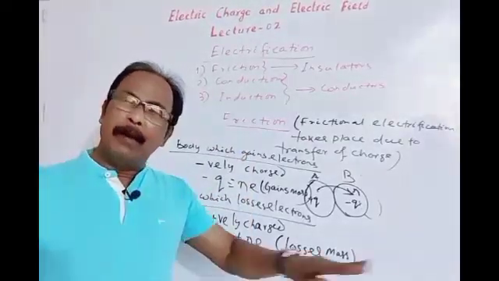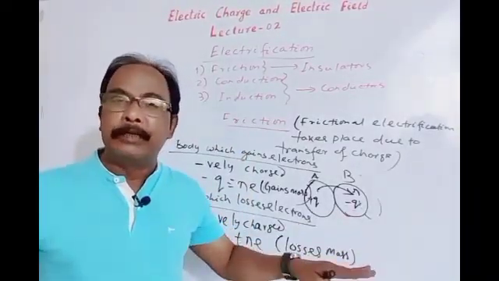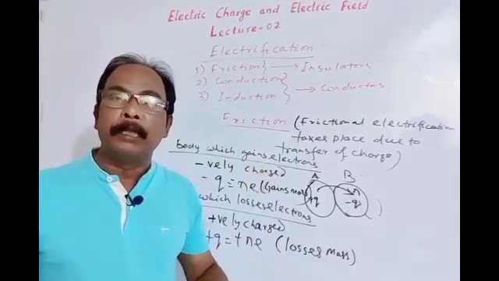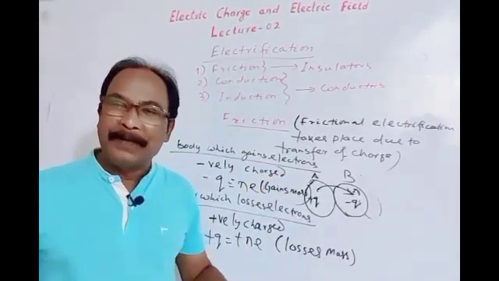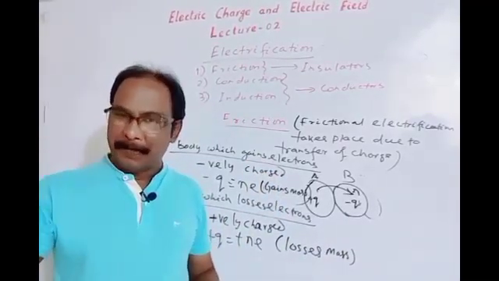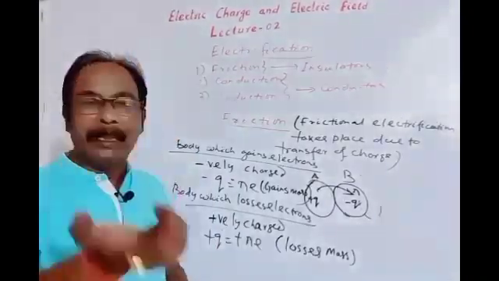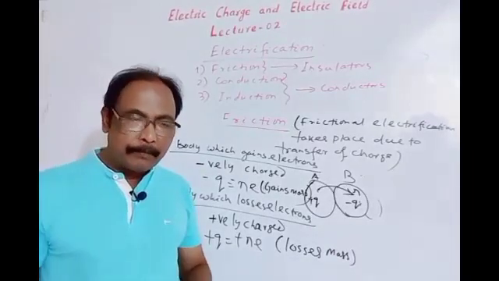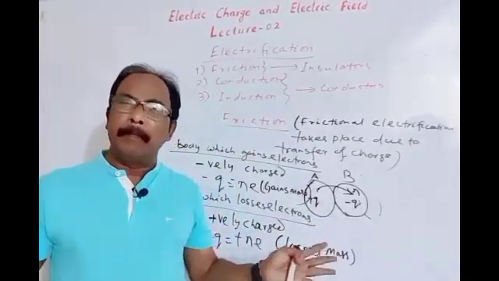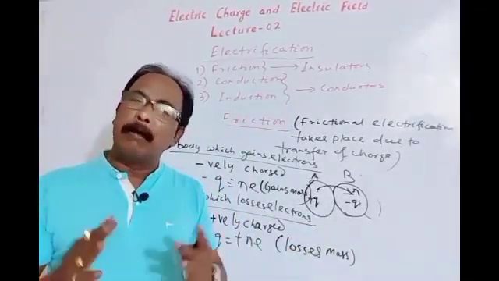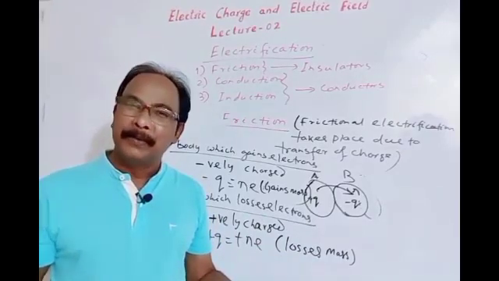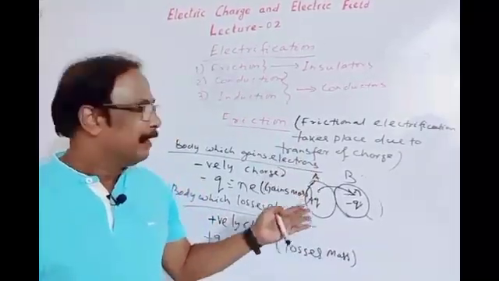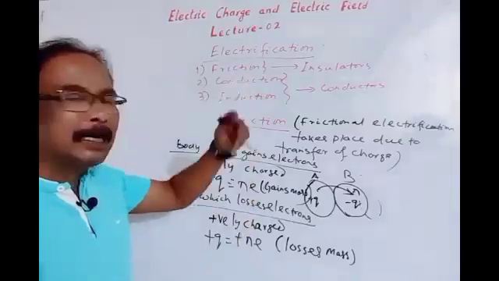Okay, earth is always considered to be at zero potential or neutral. We'll study about zero potential, positive potential, negative potential in next chapter, electric potential. So any body in connection to earth also becomes neutral. Okay, we'll discuss here also when we will discuss about conduction.